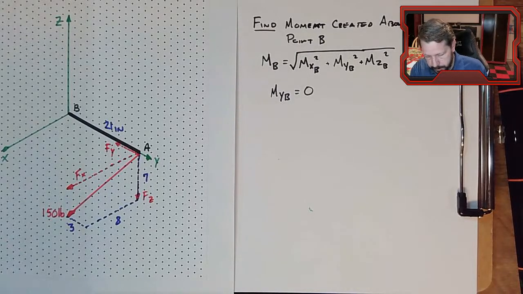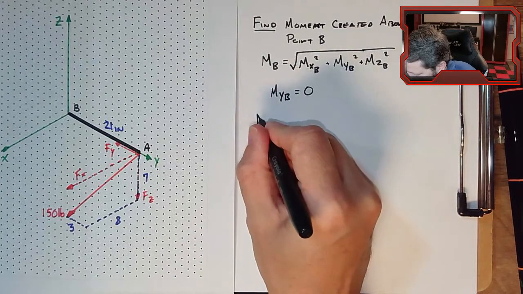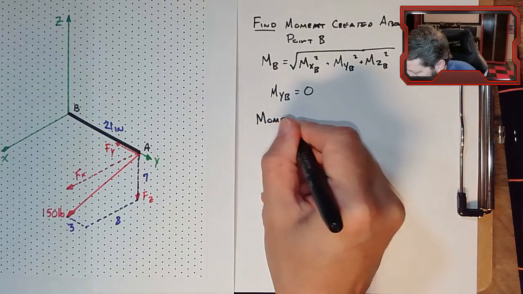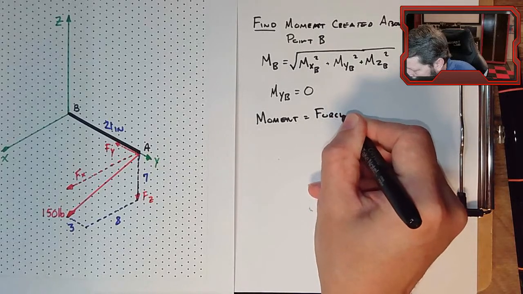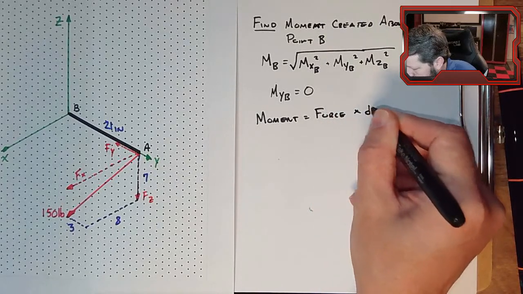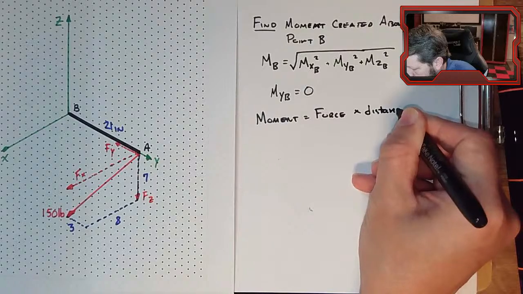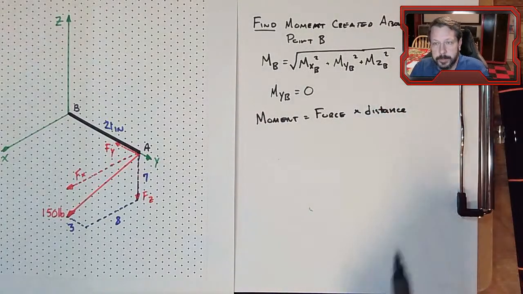The way we're calculating, we're not doing cross products or anything like that. We're saying that a moment is equal to a force times a distance, and the distance and force need to be perpendicular to one another.